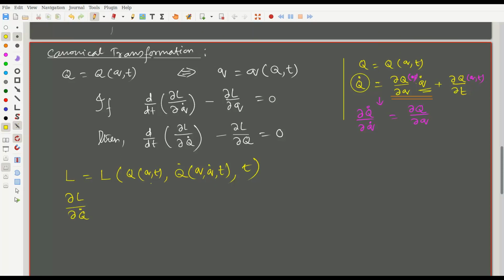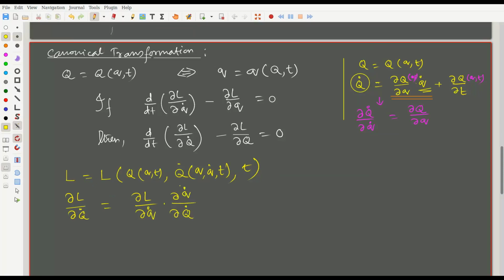Okay, so if you do the reverse and you want to express this del L del Q dot in terms of del L del small q dot, you would write that this is del L del small q dot times del q dot over del Q dot.